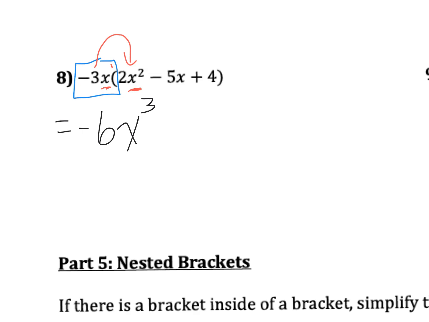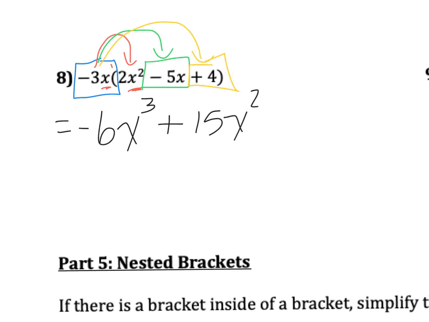Next, we're going to do negative 3 times negative 5x. So what's negative 3 times negative 5? A negative times a negative is a positive. 3 times 5 is 15. And x times x is x squared. Finally, last round, negative 3 times positive 4.